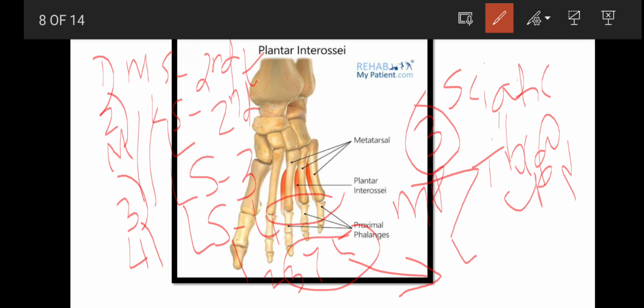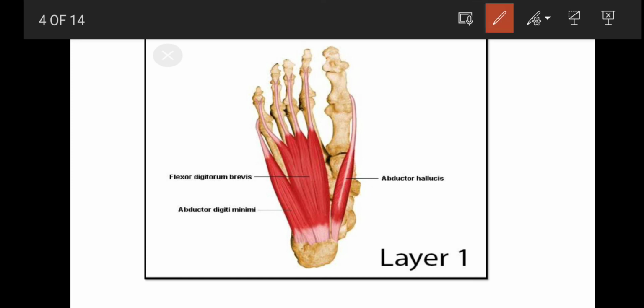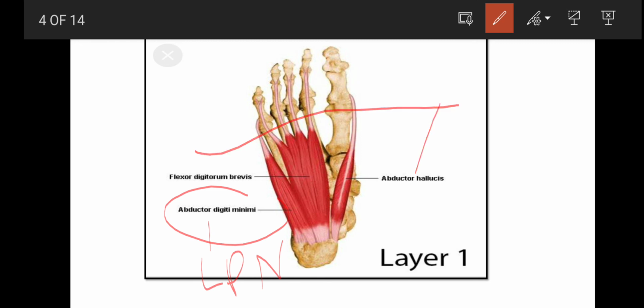Now you have to understand that the first layer of the sole is basically supplied by the medial plantar nerve. Out of that, abductor digiti minimi is the only muscle supplied by lateral plantar nerve. The rest of these two are supplied by medial plantar nerve.